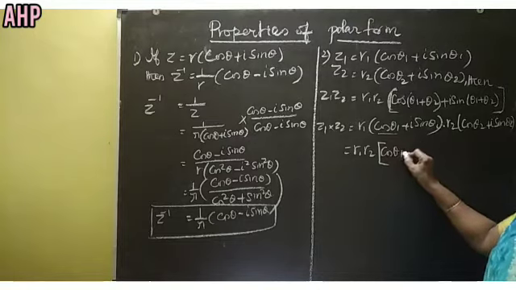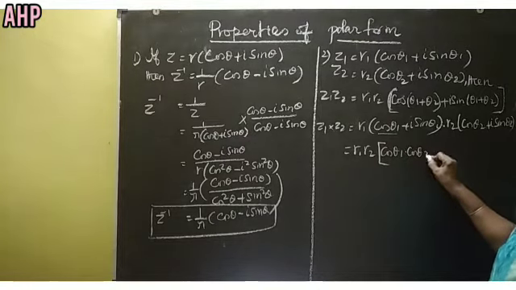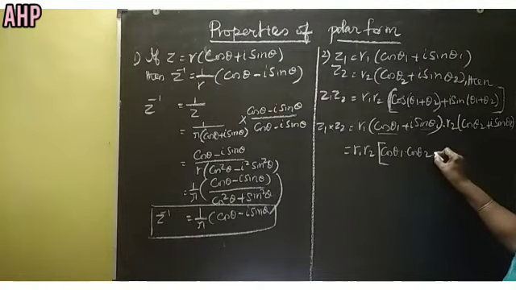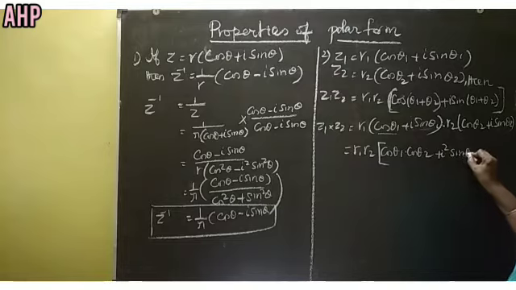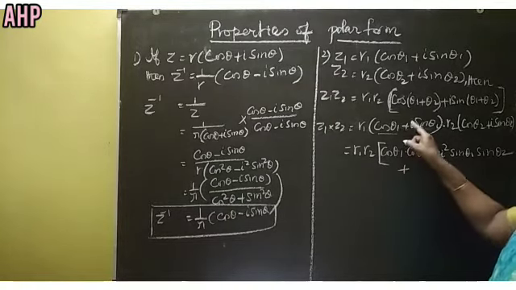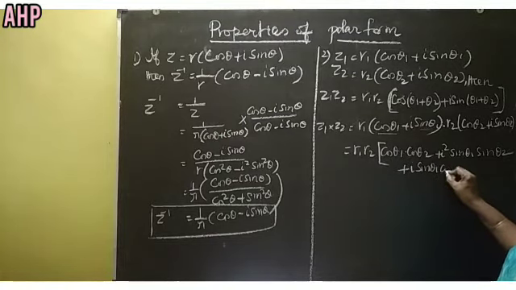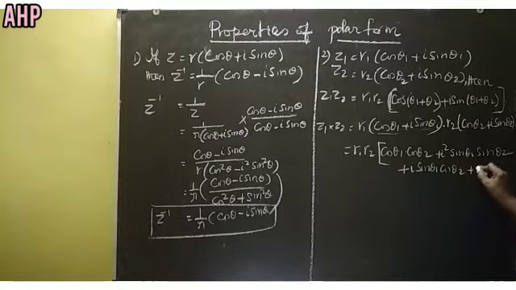So cos theta 1 into cos theta 2. Now i sin theta 1, i sin theta 2 gives you plus i square sin theta 1 sin theta 2, plus i into sin theta 1 cos theta 2 plus i into cos theta 1 into sin theta 2.